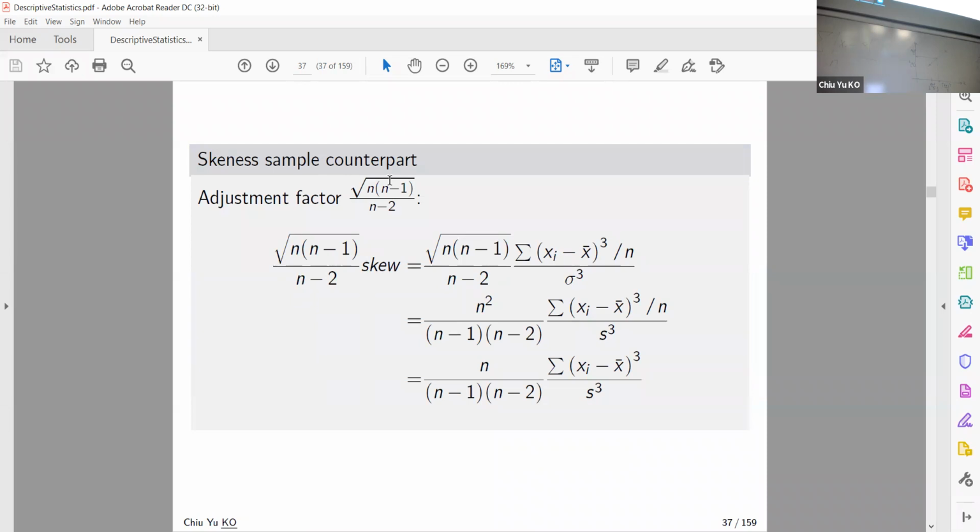It's beyond our scope, but we can explain later in the second half of this course why we have to do this adjustment. But this is a better measure. If you don't want to think about the math, you can imagine that experience tells us this is a better estimate.